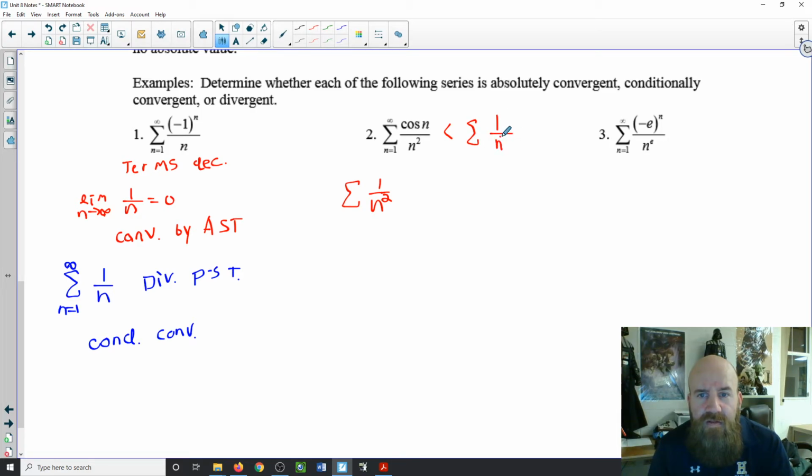And we know 1 over n squared converges by p-series test, p is 2. So the original is going to converge because of the direct comparison test. So we can write that: cosine of n over n squared converges by direct comparison.